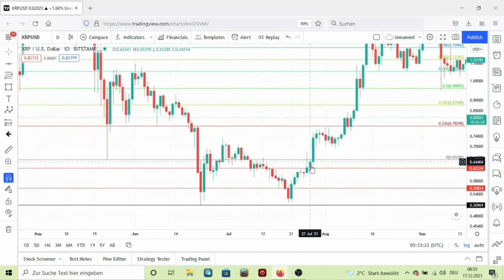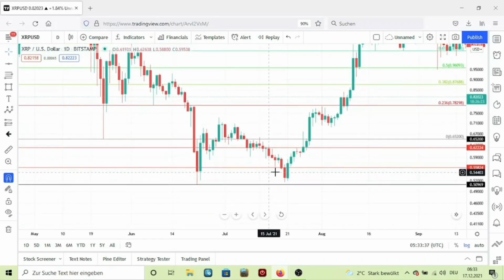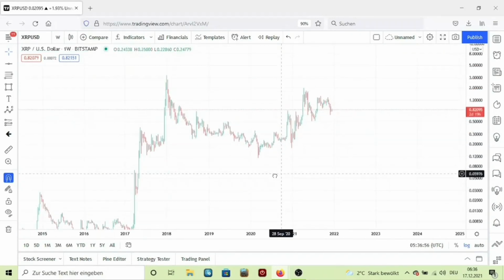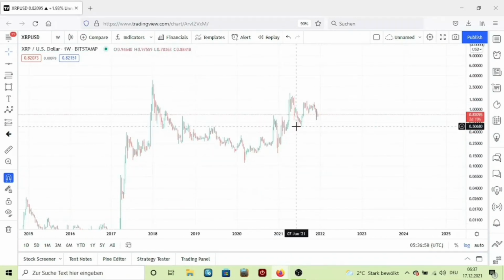So the 0.618 is at this level here, so that could easily be tested. This one right here, this one right here, and Rusty's order is at this one, because that's an order block. Generally we look very good here. What we don't want to lose is the key level over here.